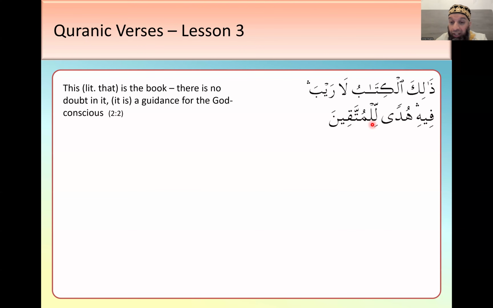Lil muttaqina, those who have taqwa, and those, plural. Where's the plural here? A guidance for the God conscious people. Yeah, so God conscious people, plural. That's the ina, eh? Muttaqina, ina plural. So we've seen the plural there. That's what this verse has been mentioned here for, to show you the plural in action.